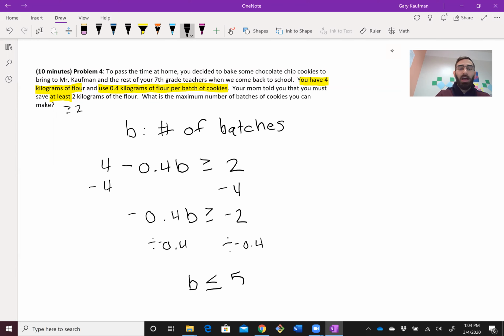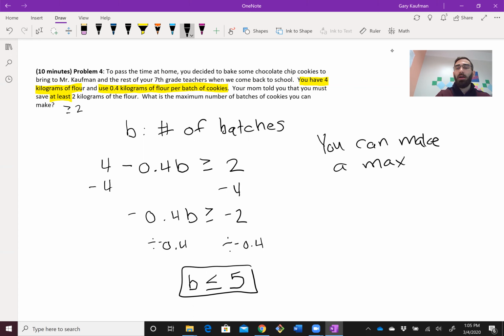That is 5. So this is saying, what is the maximum number of batches? You can make a max of 5 batches.